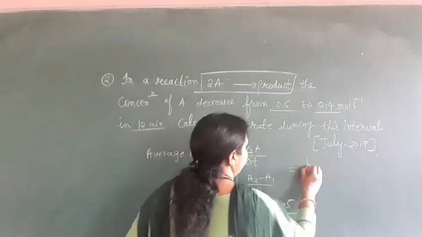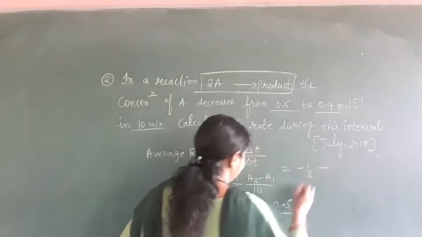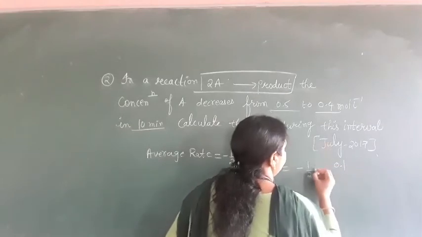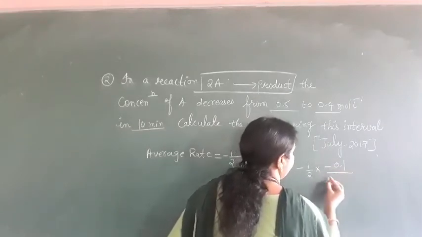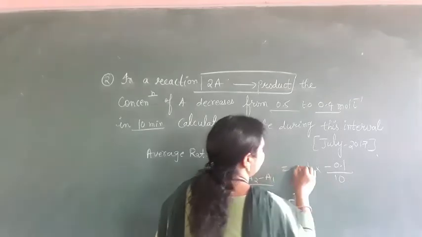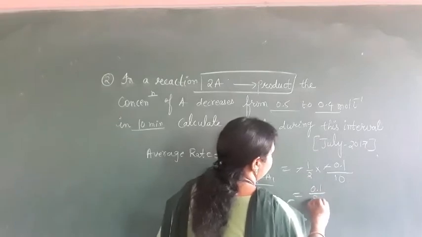So minus 1 by 2, then we will get the answer with a minus sign: minus 0.1 divided by 10. The minus will become positive, so 0.1 divided by 20.